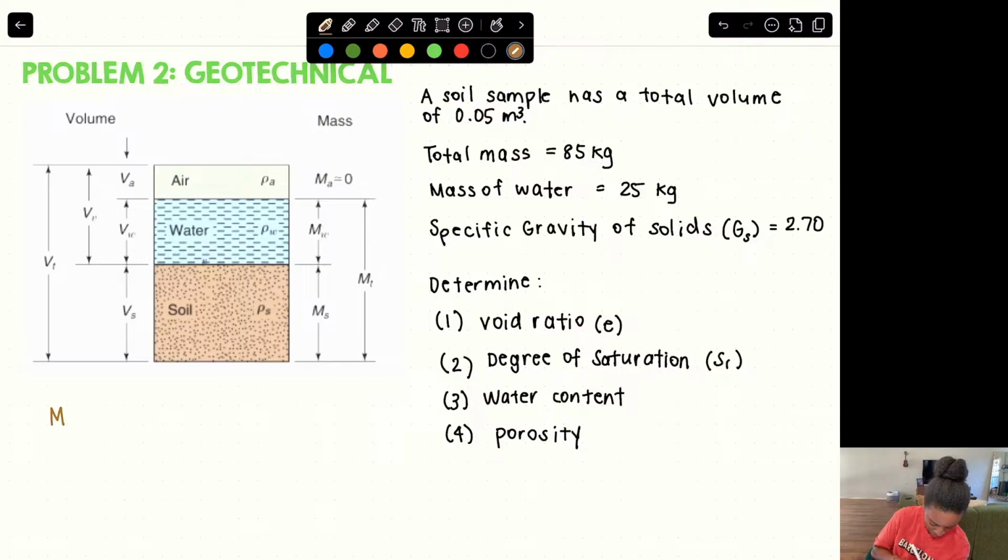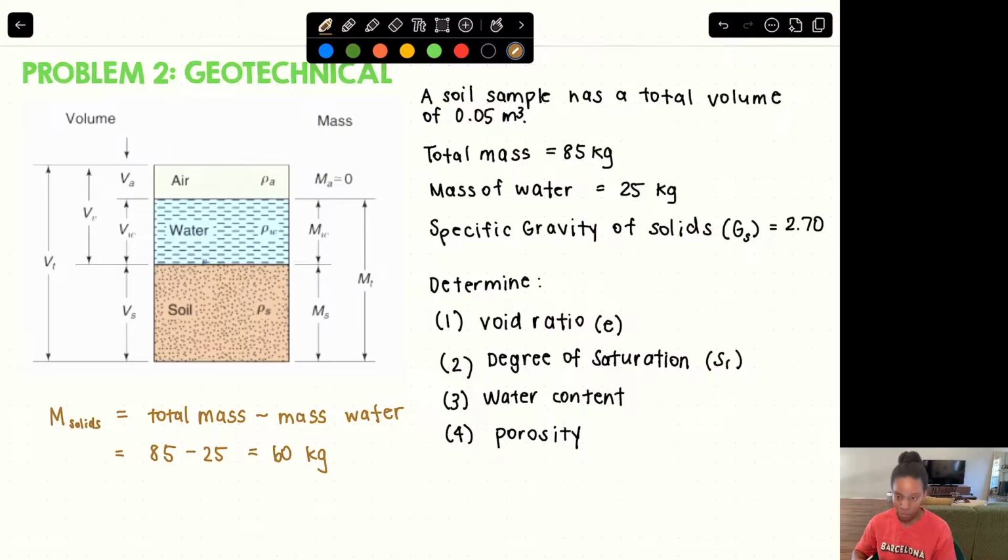So M of solids is going to be equal to the total mass minus the mass of water. So that's going to be equal to 85 minus 25 equals 60 kilograms.